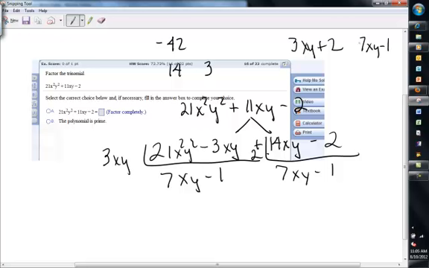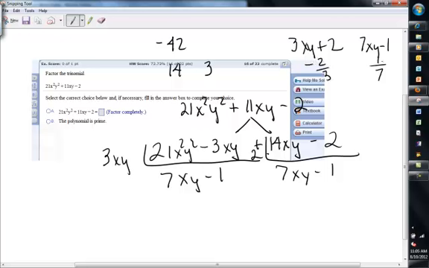Let's enter it on our calculator. Mode 5, 3, and we get 21 and 11 and negative 2. And it says x1 is 1/7, which makes sense, and x2 is negative 2/3.